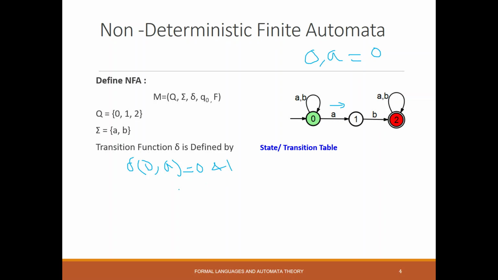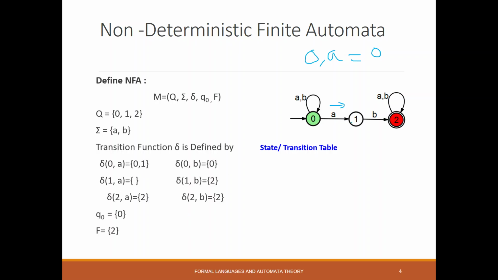If I want to reach 2 from 1, I can use delta of 1 comma B, which means I can reach 2. This is called the transition function. Next is Q0. Q0 means the first state in the given diagram, that is 0. F means final state, which is mentioned by using a double circle.